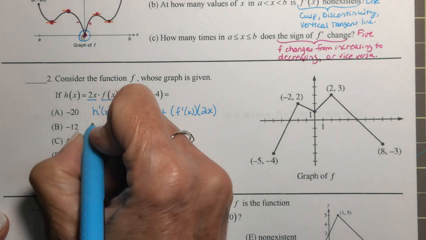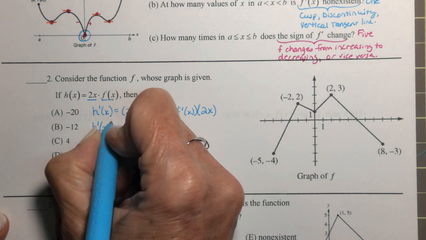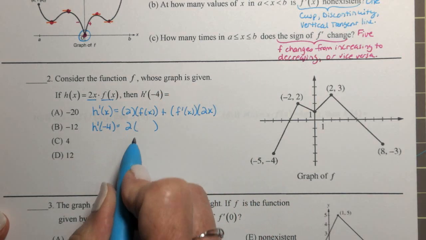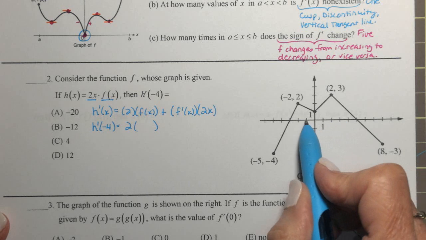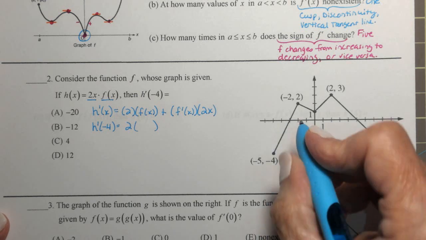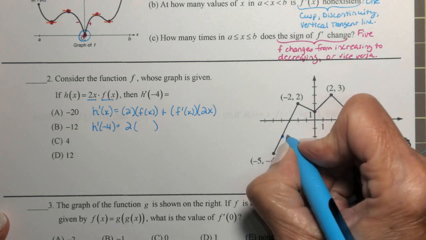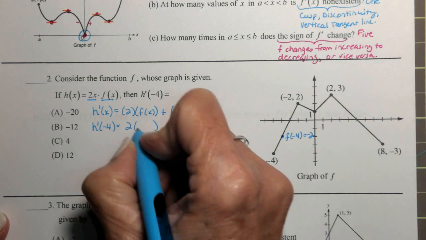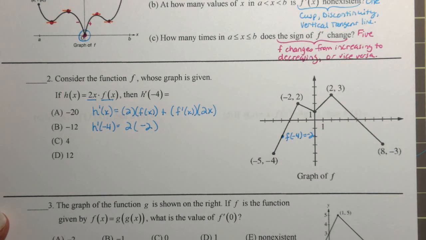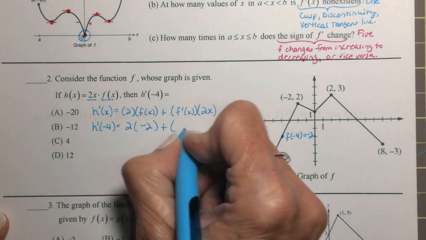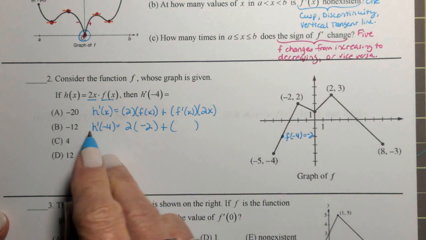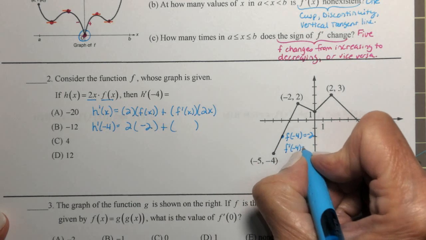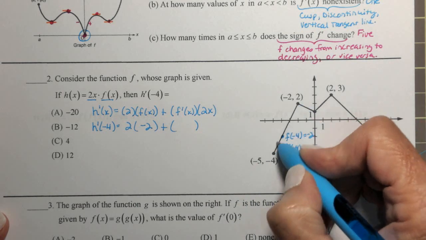Product rule. Now we're going to plug in -4 for x. I'm starting with this 2. What is f of -4? Let's go to the graph. Here's -4. So f of -4 is -2, plus f prime of -4. F prime of -4 is the slope of the tangent line.